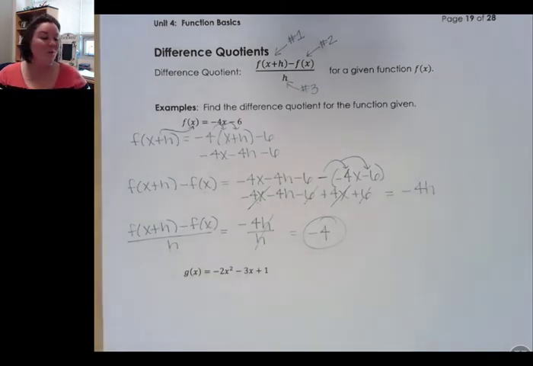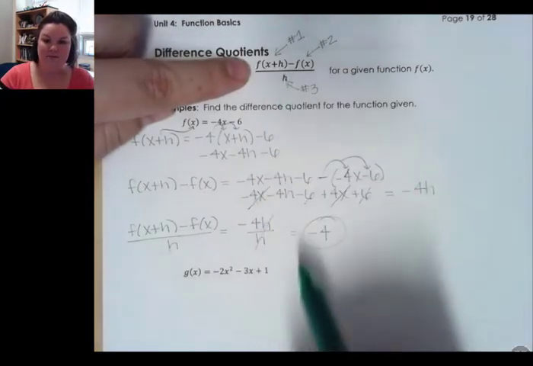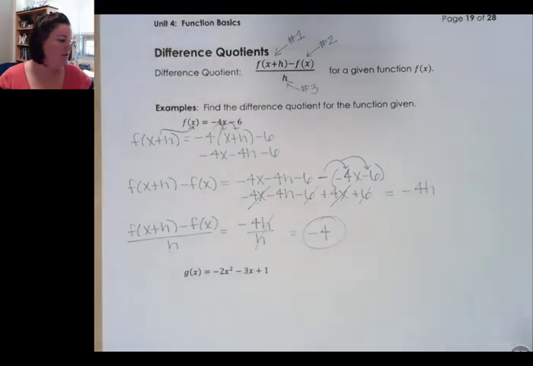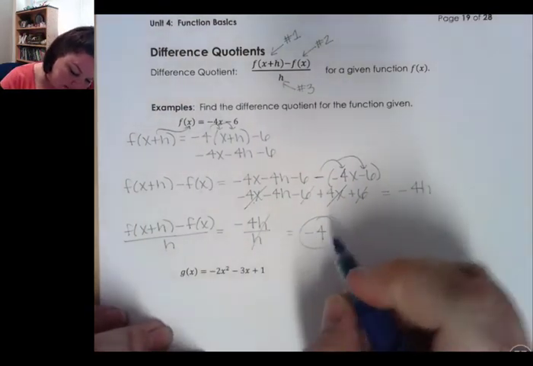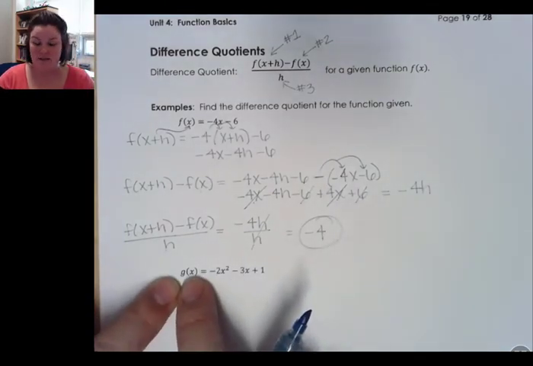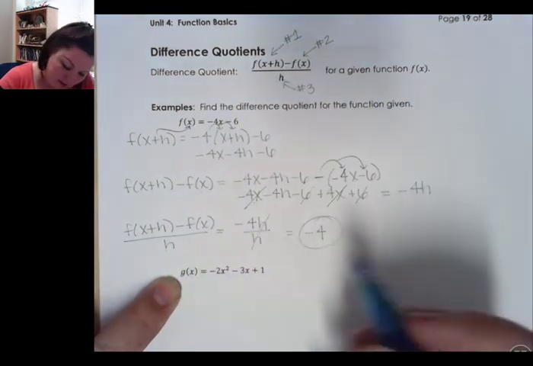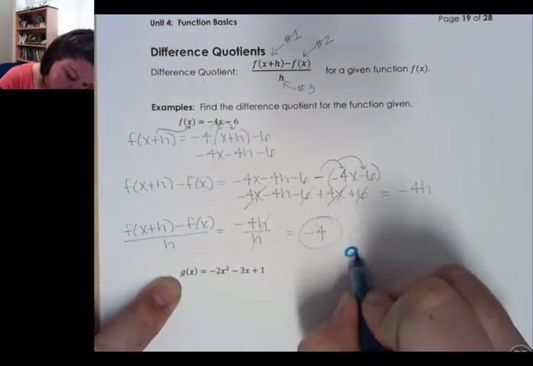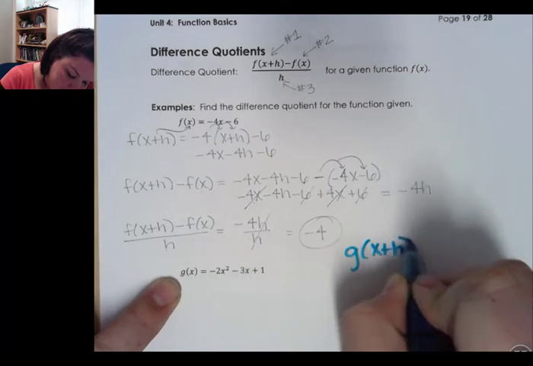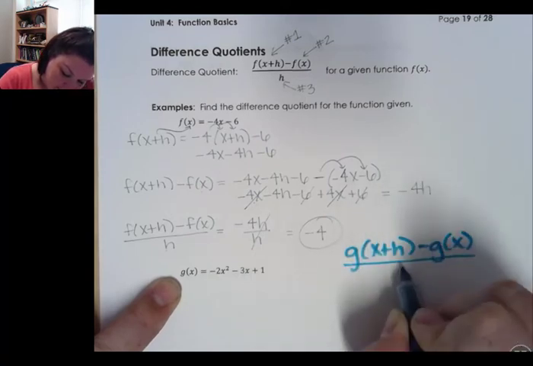All right, let me do one more for y'all. I'm going to write my difference quotient down here just so that I have it for reference. For this one, notice we're using g of x, so the f's here are just going to be g's. So I have g of x plus h minus g of x all over h.